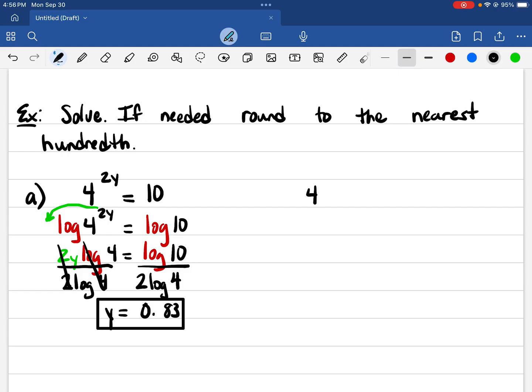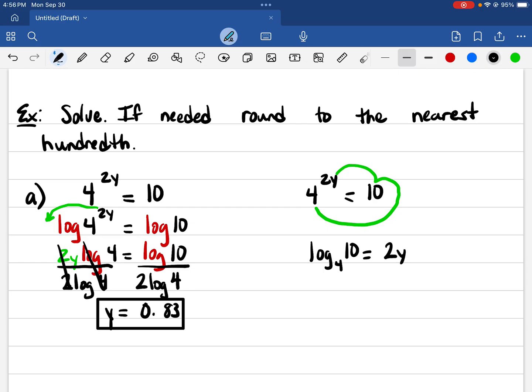The other option to solve the same equation would be to change it to logarithmic form, doing Loggy Froggy. So starting at the base 4, we go to 10, and then to 2y. So this is going to be log base 4, then we went to 10, and then we landed on 2y, so that's what we're equal to.